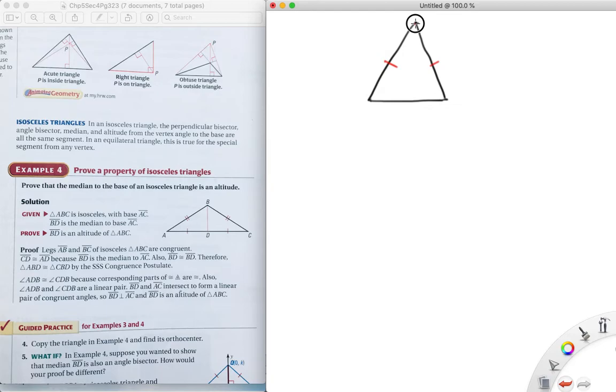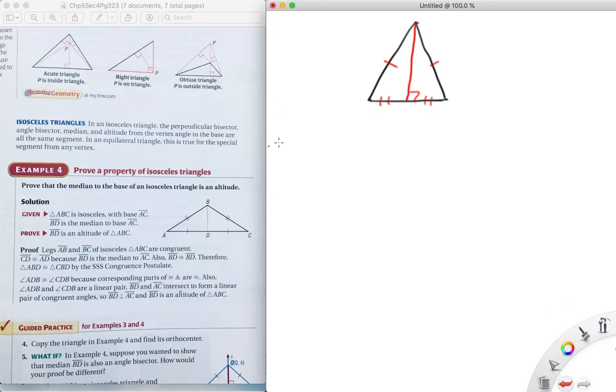And we draw the altitude of an isosceles triangle. What's unique about that is that the altitude is also the median. It's also the perpendicular bisector, and it's also the angle bisector, all in one. And also in equilateral triangles, all three vertices are the same in terms of that.